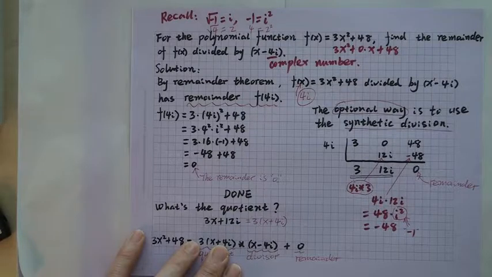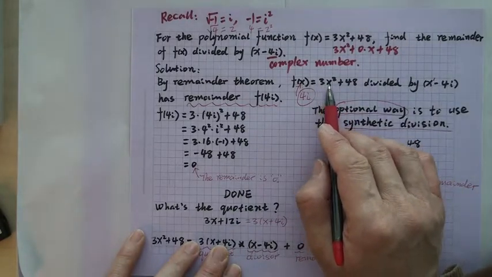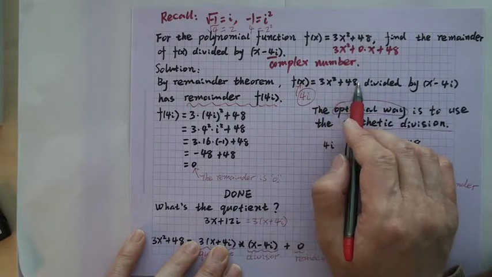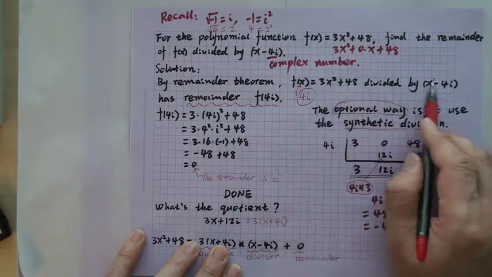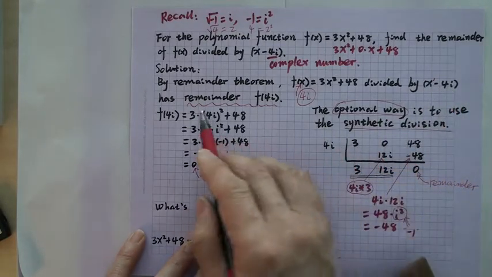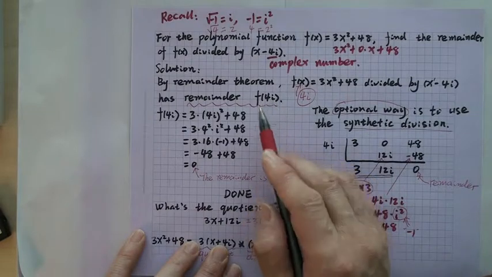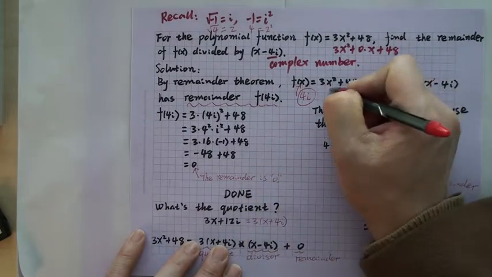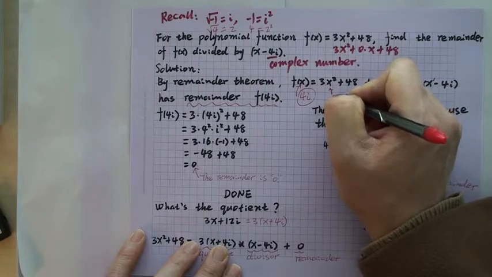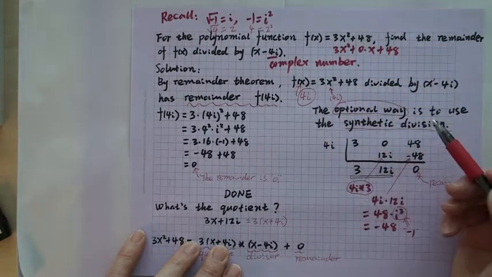So again, 3x squared plus 48, this polynomial divided by x minus 4i, then the remainder is f of 4i. Or simply we say you plug in 4i here, and you should have the remainder.